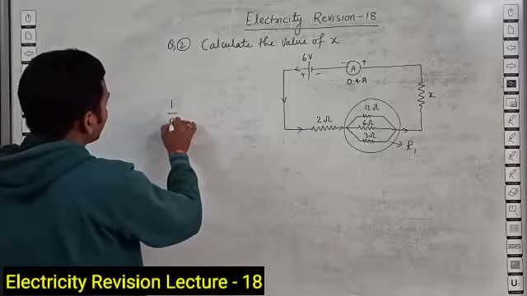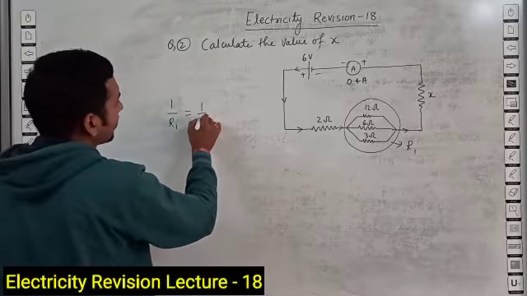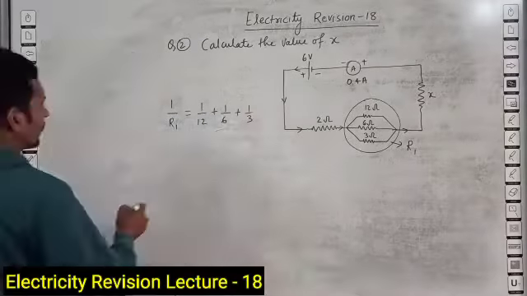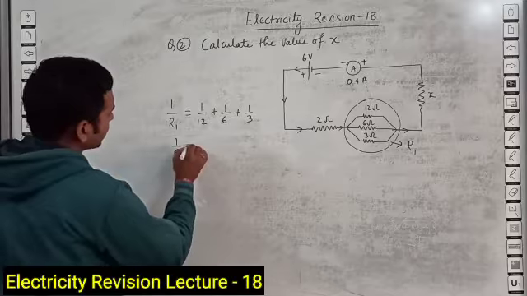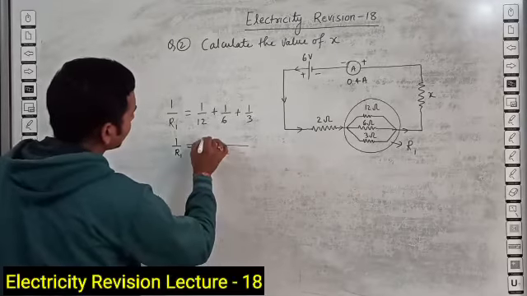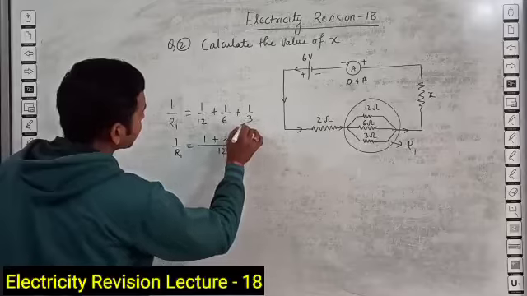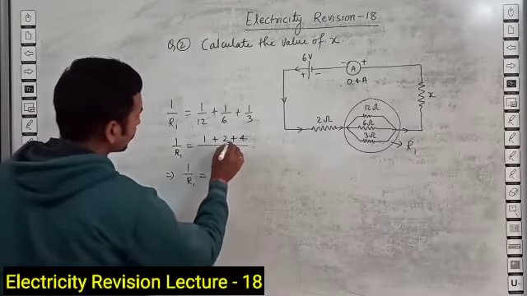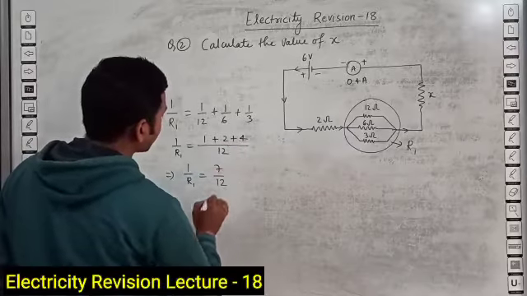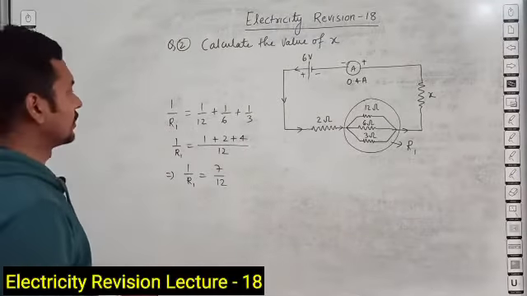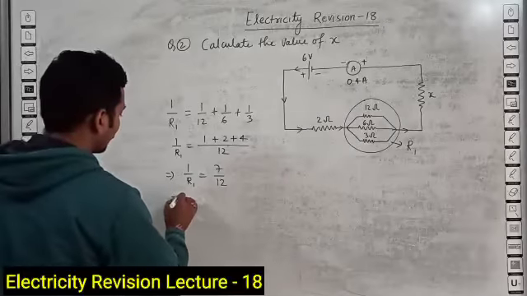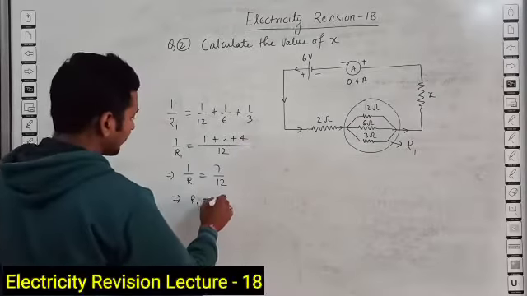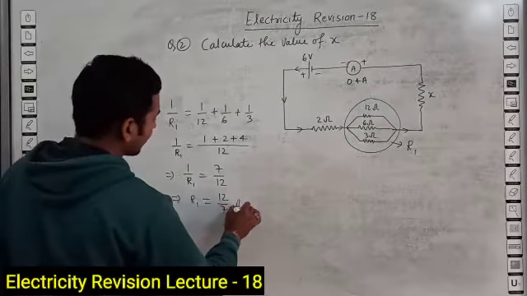So 1 upon R1 is equal to 1 upon 12 plus 1 upon 6 plus 1 upon 3. 1 upon R1 is equal to, LCM is 12, 1 plus 2 plus 4, which is 7 upon 12. So from here we get the effective resistance of these three, that means 12 upon 7 ohm.